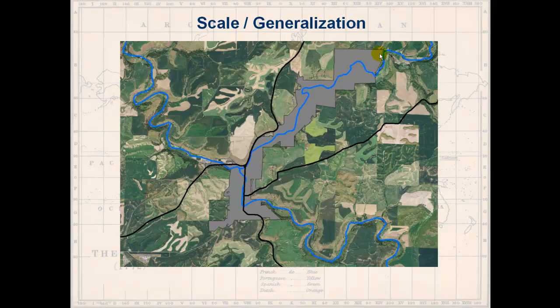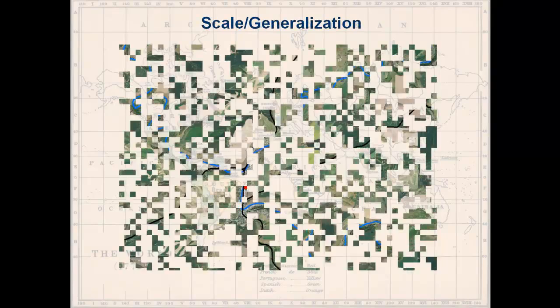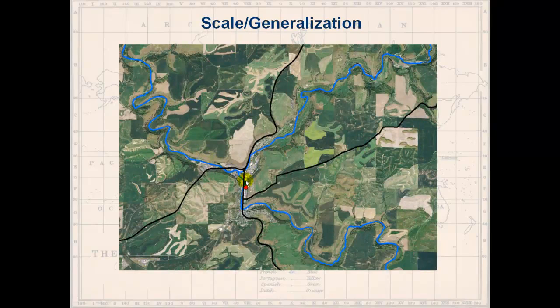Now I may have, when I made the map, decided that I don't really care about what the city limits of Colfax are. I just care about the fact that there's a city in this general location, and so I might decide that I'm going to represent Colfax as a point. So depending upon the level of generalization that you want to use, you can use completely different types of symbols and types of features to represent those things.